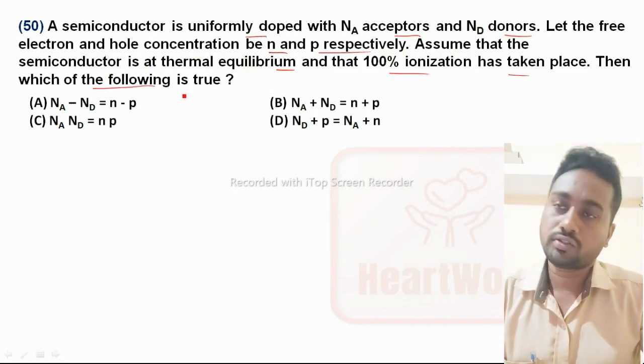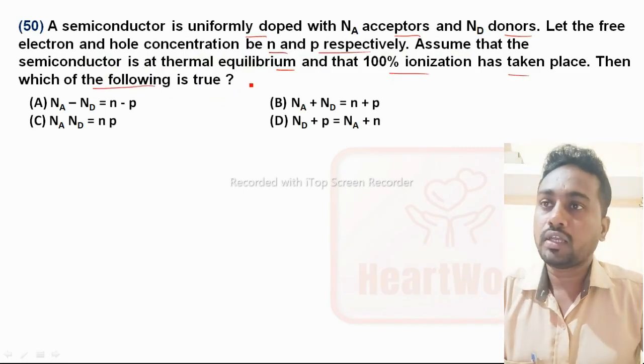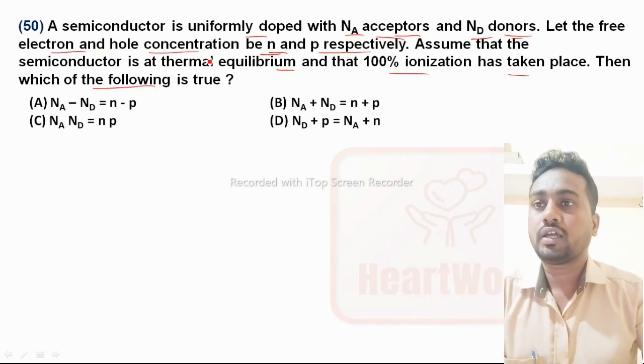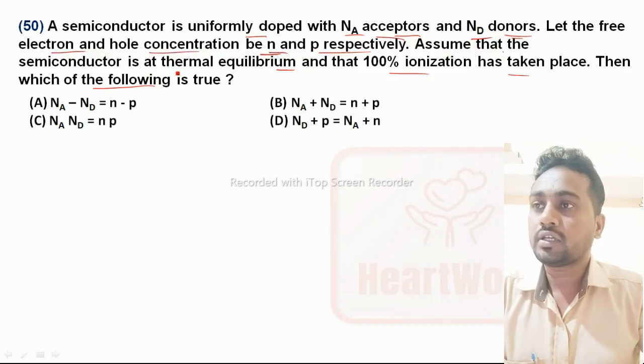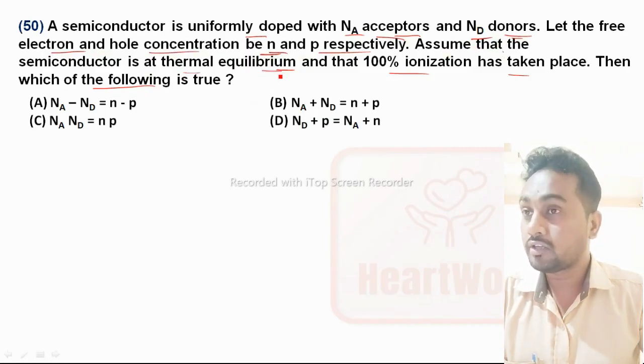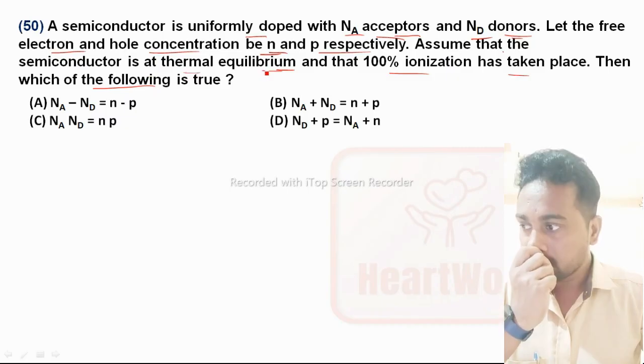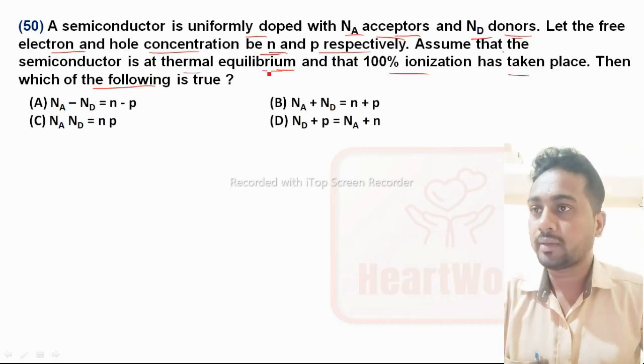Then which of the following is true? Here Na means acceptor and Nd is donor. n is electron concentration and p is hole concentration, and it is mentioned that the semiconductor is at thermal equilibrium. That means there is no variation in temperature.